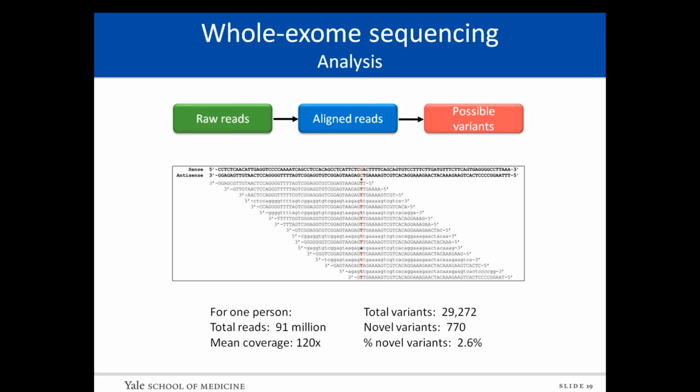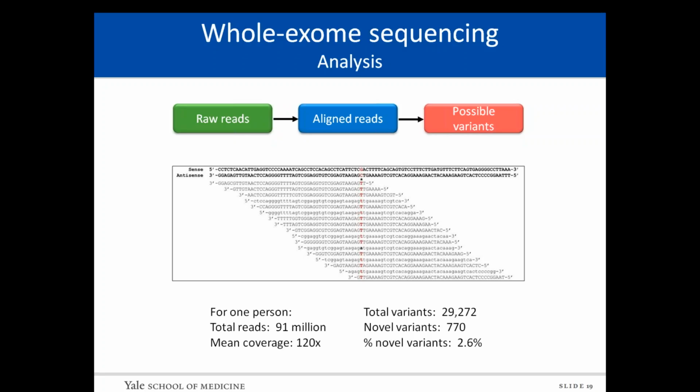Where are the changes? For just one person, we can get almost 100 million of these short reads, and each nucleotide, each base, is covered on average about 120 times, which gives us confidence that we can find a rare variant. But even for one person, you can find up to 30,000 of these variants. So it can be pretty impossible to go through all of these variants per person.